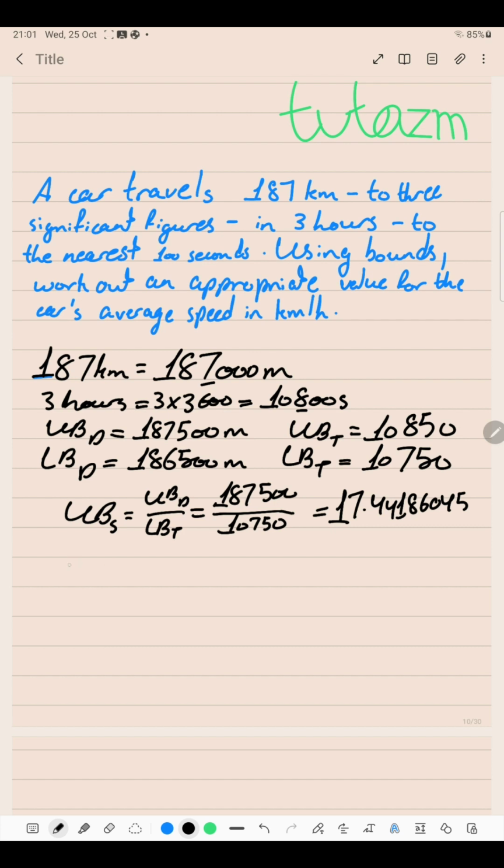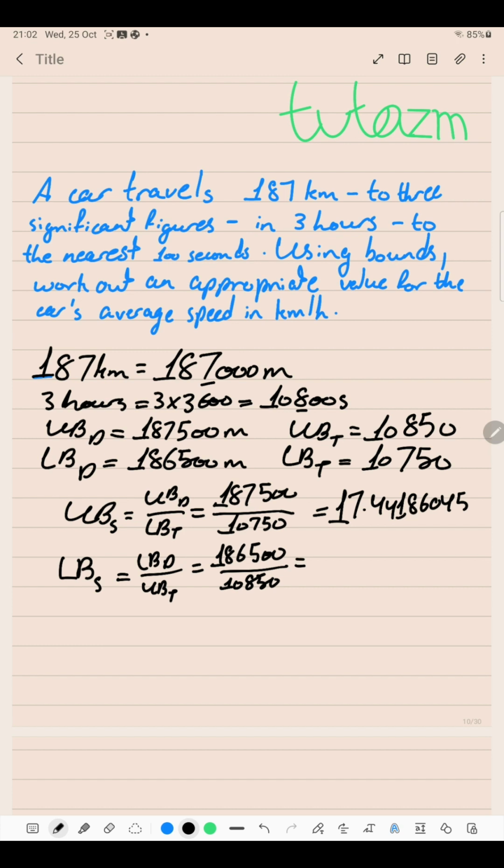And then we can work out the lower bound of the speed, which would be the lower bound of the distance divided by the upper bound of the time. That would be 186,500 divided by 10,850.